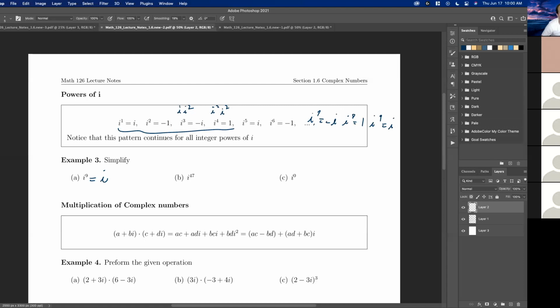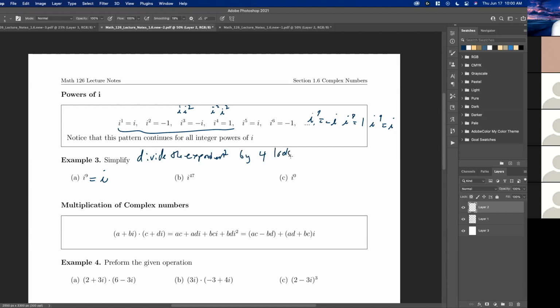So how do we do this? Let me give you a nice thing to do. Here we can divide the exponent by 4 and look at the remainder.